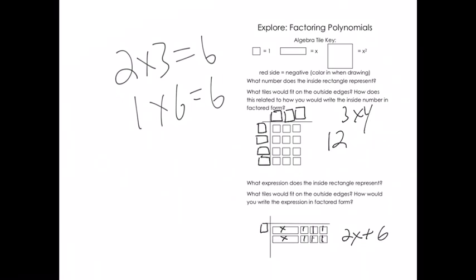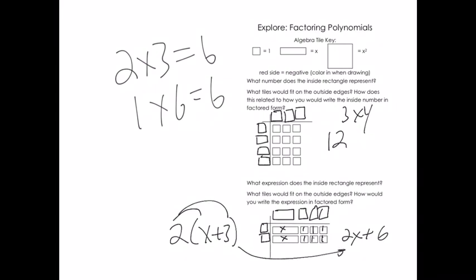Isn't that 2 this way, and an X plus 3 on top, so that's 2 times X plus 3. We just undistributed that 2, right? If I distribute that 2 through, don't I get this? So I factored that expression to be 2 times X plus 3.